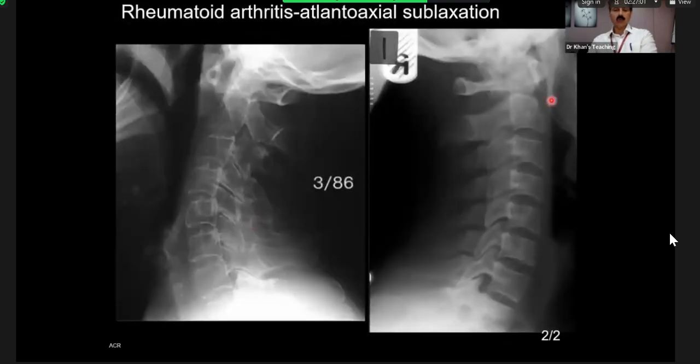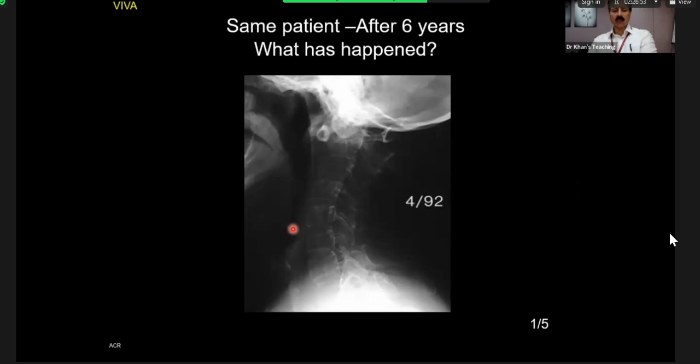Now, just to go back to your anatomy, this is the normal, and you can see that this distance has increased. Now, what has happened after 6 years? Over to you. What do you think has happened? Same case. Atlantoaxial invagination. Okay, so can you describe the findings for me?